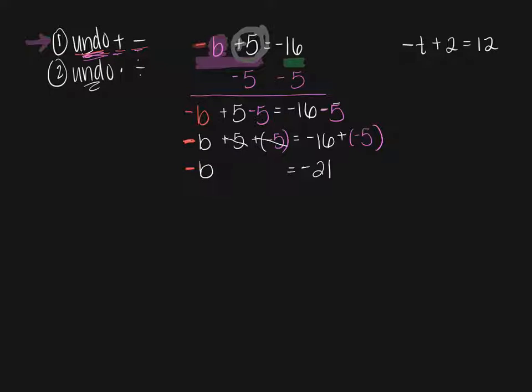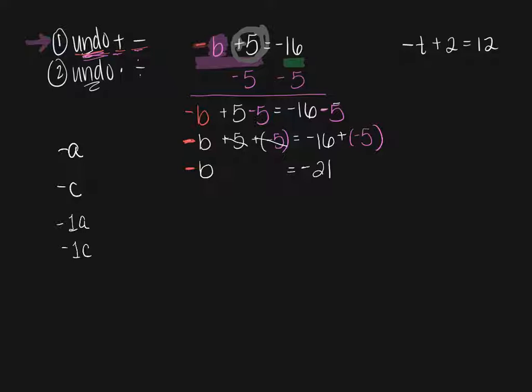What's up with that? Well, whenever you see something like negative A or negative C, remember that this is the same as negative 1A or negative 1C. There's like a hidden 1 beside everything.